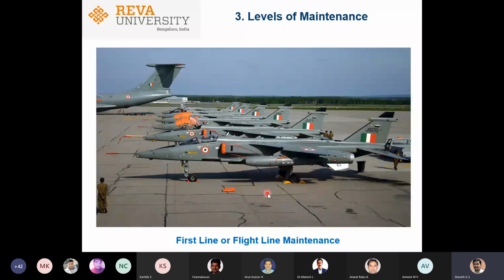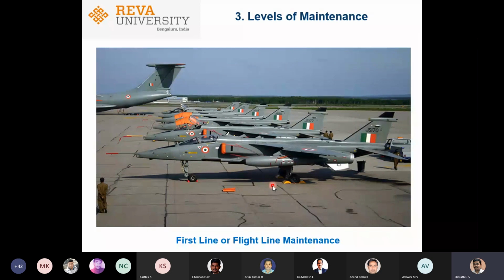So if any minor problem comes in, and if that minor problem is addressed or rectified on the tarmac, then it is called line maintenance. Here we will not be taking up maintenance issues related to higher levels. We will not be carrying out any major modification, etc.